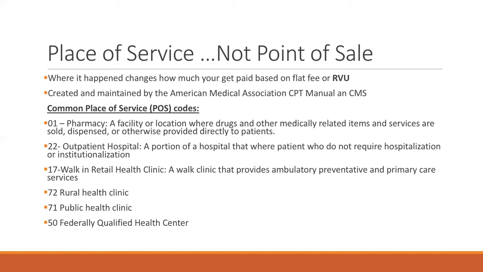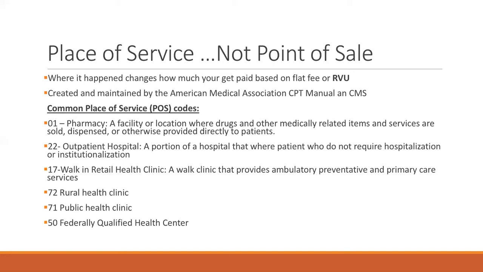And curiously, the actual first code in there is pharmacy as a place of service. So this would designate when a medical claim is coming out or being rendered at a pharmacy, whether that's a standalone pharmacy or a pharmacy within another facility that is maintained in its own walls and has its own separate area. We have a code for outpatient hospital billing.